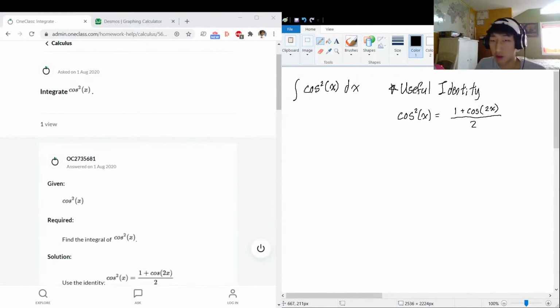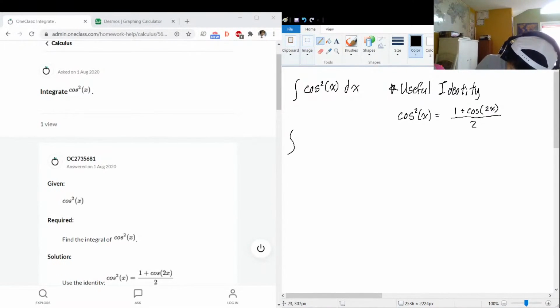Cool. So if we try to take the integral of the cos squared x on this side, it is the same as taking the integral of this thing here. And in my opinion, taking the integral of what's on the right side of this equals is going to be a little bit easier to do than the left side. So let's rewrite our integral so that we're taking the integral of this instead of the integral of cos squared x.